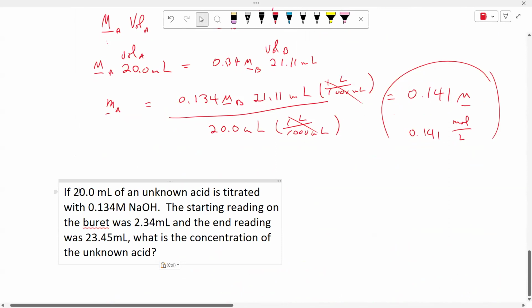Okay, so let's change this to, let's say, 15 milliliters.